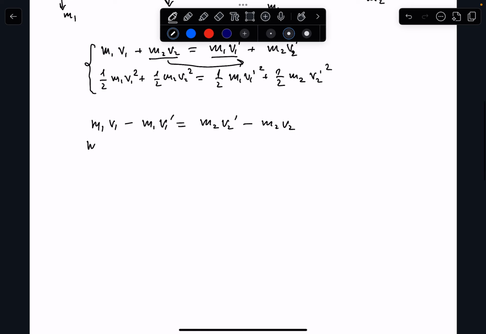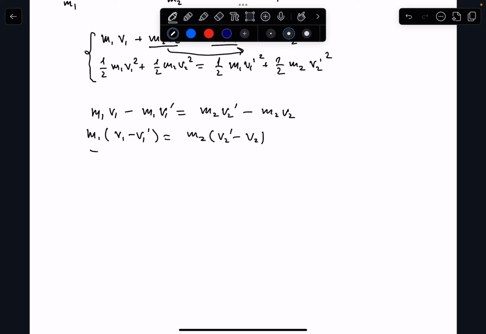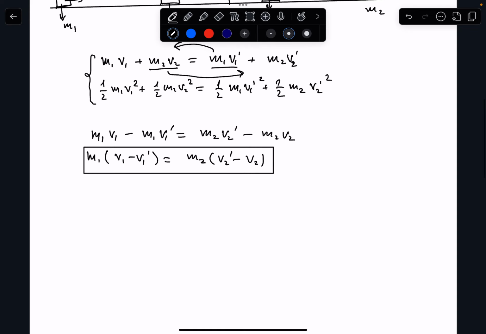We can take m1 outside the bracket: m1 times (v1 minus v1 prime) equals m2 times (v2 prime minus v2). So we have this equation from the conservation of momentum.